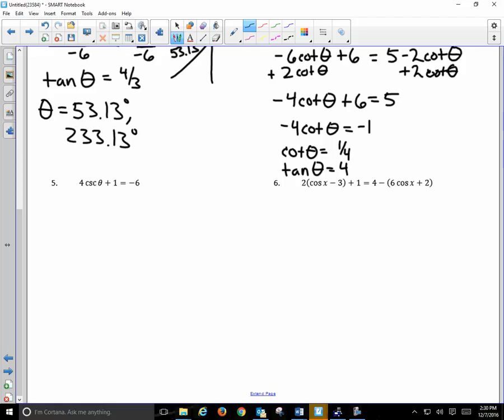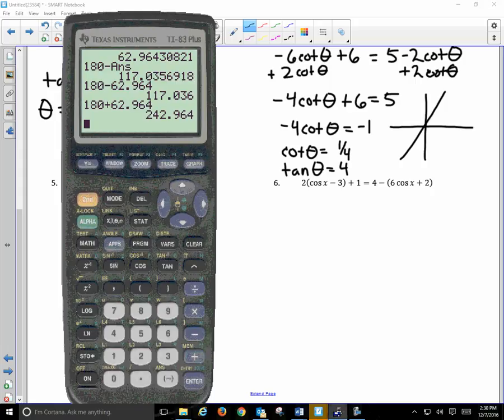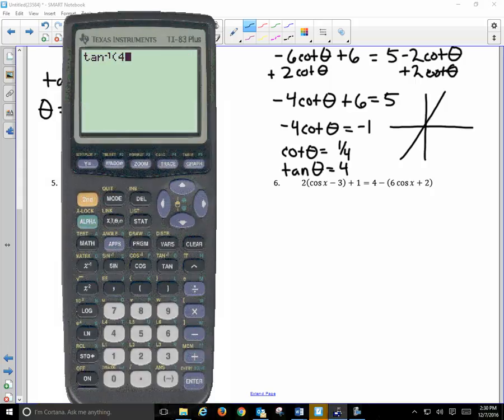4/1. Is tangent positive or negative? In which quadrants is tangent positive? One and 3. What will I do to figure out my angle? Tangent inverse of 4. 75.96.